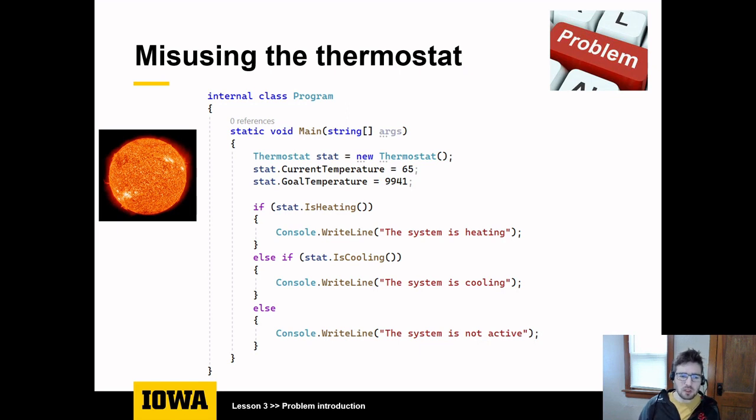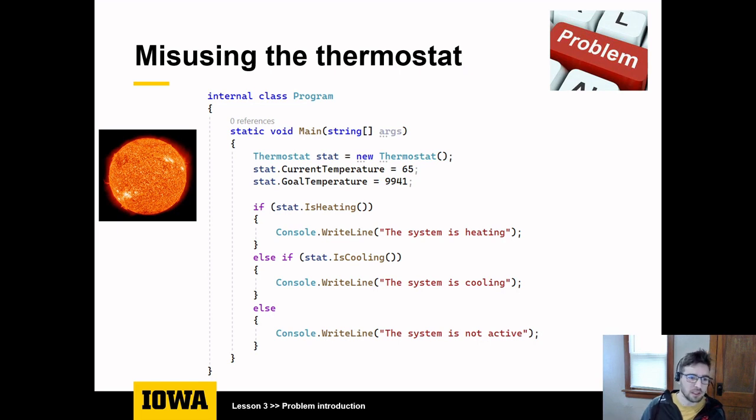So we're able to kind of misuse our thermostat object by being able to set it to a really high temperature. Now, if you're wondering, who's going to do this? Who's going to set their thermostat to 9,941? Just get creative with it. Think maybe someone was using this thermostat, didn't know it was measured in Fahrenheit.